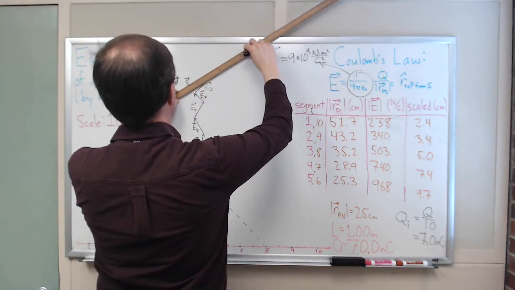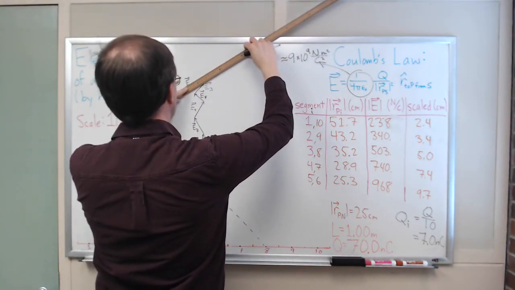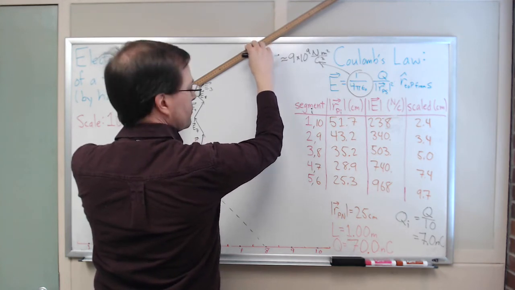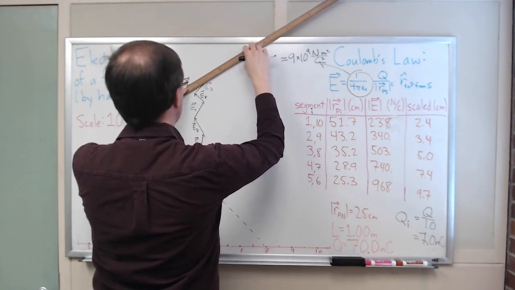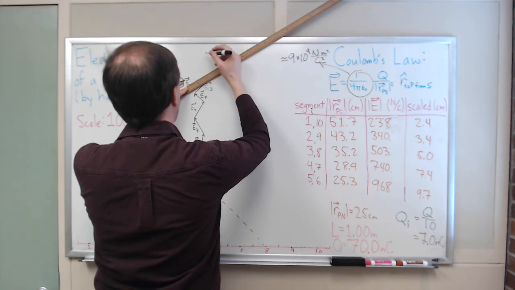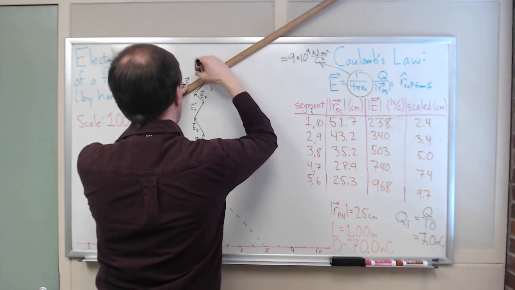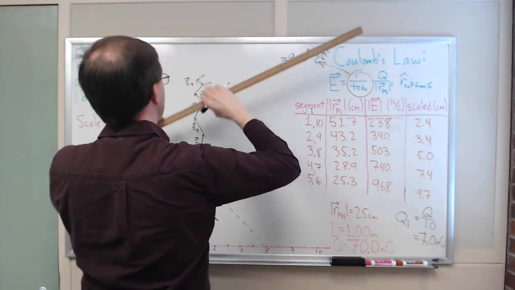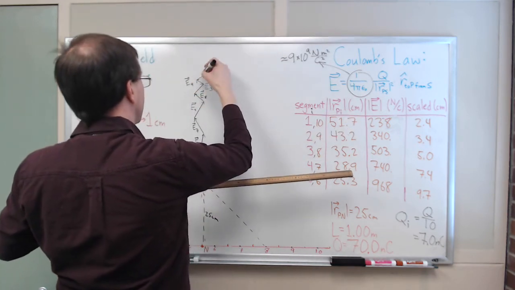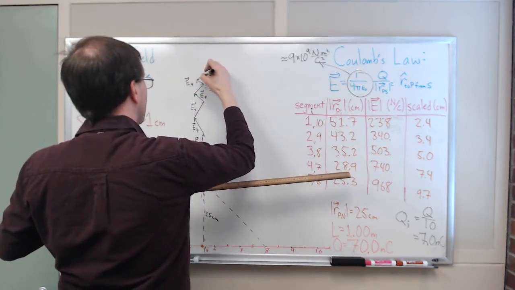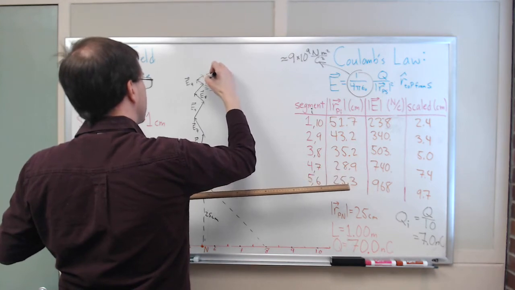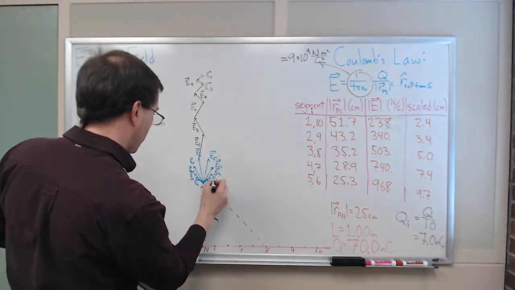I'm just copying these up, right? That's how we do vectors. We do vectors by just copying them. We keep the direction and the distance the same, but we can move them around. Keep that going, 3.4 centimeters. Okay, that was too far over. Went to here. That was E2. Mark it off.